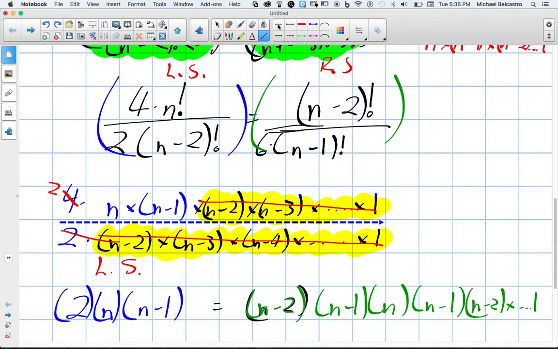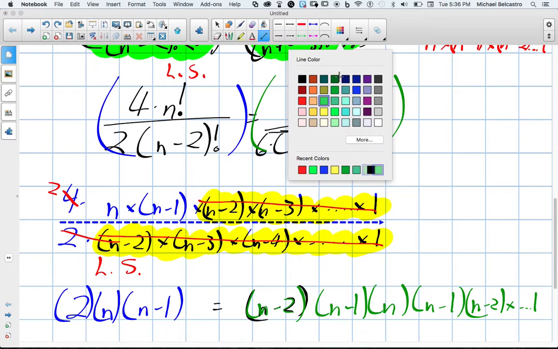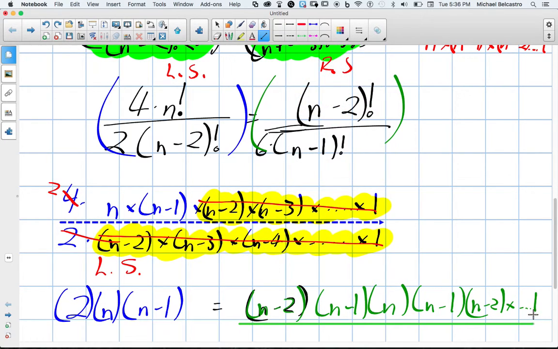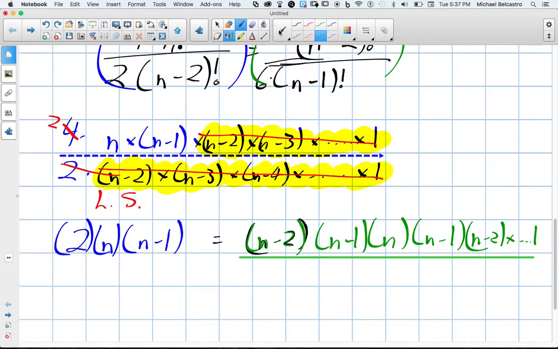Okay, and then on the bottom, we still have that 6, and we'll get rid of it. Oh, sorry, this should have said plus 2. Plus 1, and there you go. N minus 1 times n minus 2 all the way down to 1.